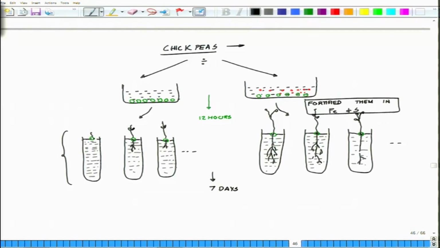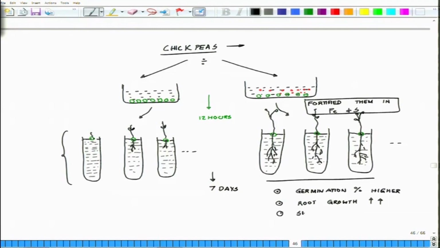So this was the basic difference which was observed in these treated seeds. Their germination percentage was higher as compared to control. Second, their root growth was significantly more.